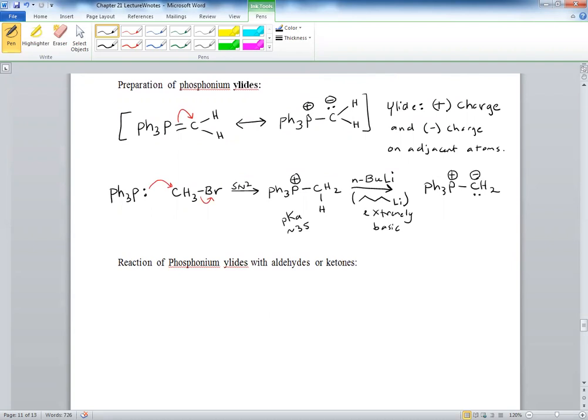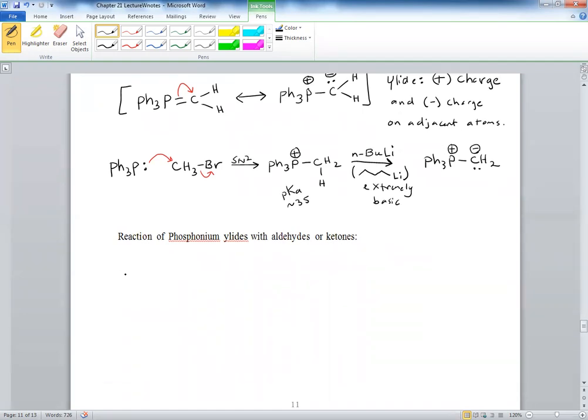So let's look at the reaction between the phosphonium ylides and the aldehydes and ketones. Now, your book has a mechanism, and I'm just going to follow that mechanism. It's sort of like a concerted mechanism. It could be presented slightly differently in other textbooks or maybe in research, but I'm going to use your textbook's mechanism.